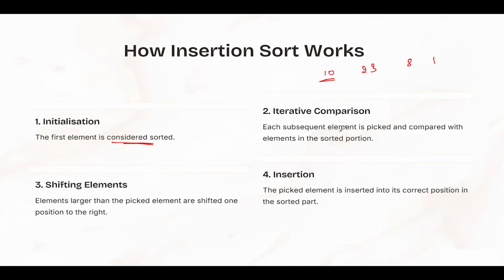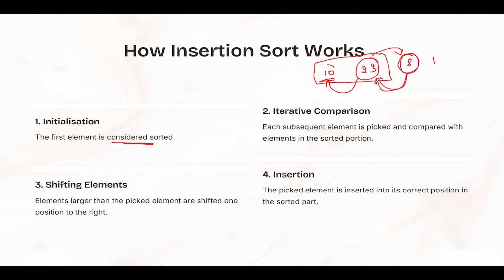Each subsequent element is picked and compared with the elements in the sorted portion. Obviously, this first element is in a sorted way, so I'm not going to touch it. In the next phase, I will consider this as the sorted portion and this as the unsorted. I will take the next element and compare. As you can see, 8 is smaller than 23, so now I need to find out the appropriate position.